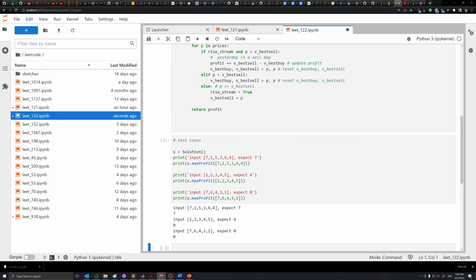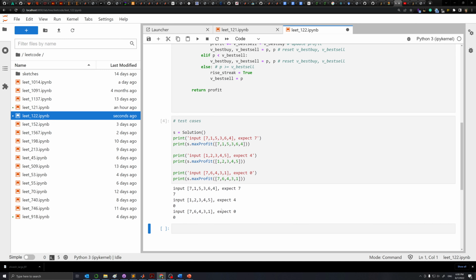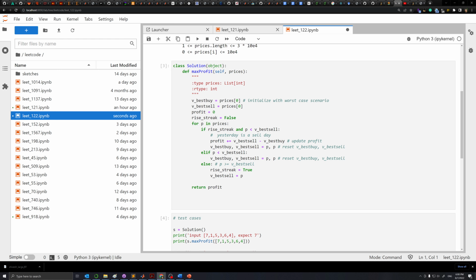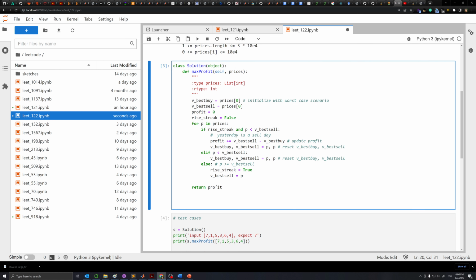Let's see. Okay, a little better, but the next one we're expecting four, but we're getting zero because we're not selling. Just so you know, in this kind of for loop, we only sell when we had been on a rise streak and then we had a drop. But maybe the price is always rising and there's no dip for you to sell anything the previous day, then you're still going to have to sell the last day, right?